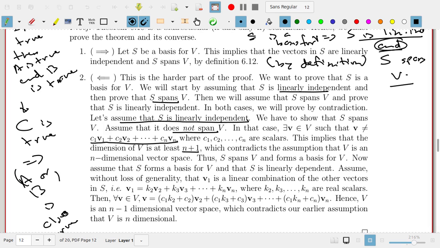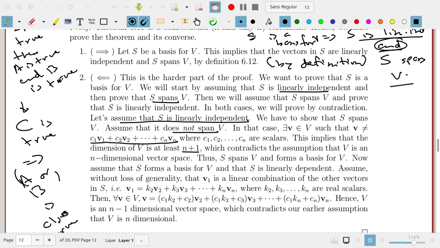But the dimension of V is n. That's the assumption we started with. So S has to span V.